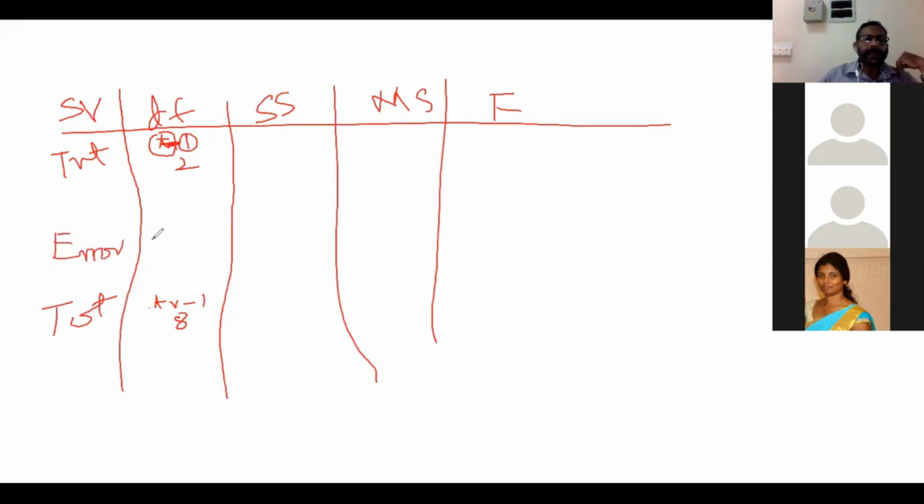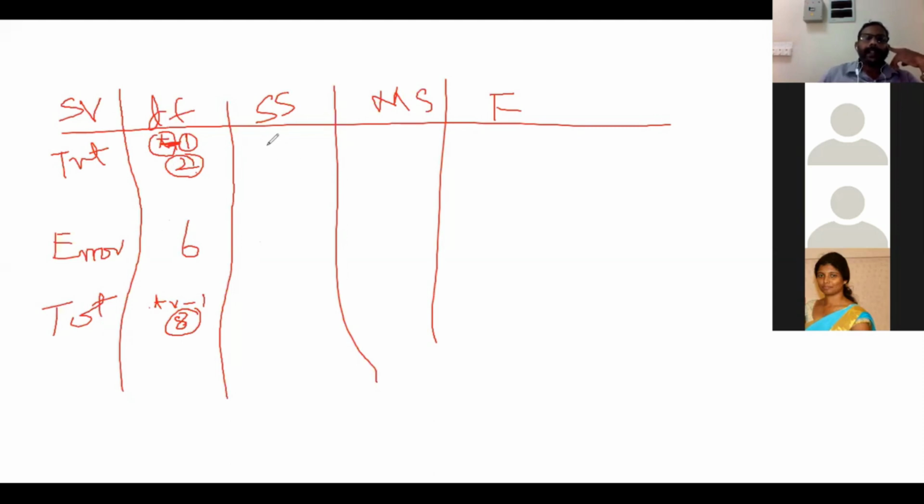Error is T into R minus 1, or otherwise total minus treatment degrees of freedom. So 8 minus 2 is 6. If you put it in the formula also, you will get the same degrees of freedom.